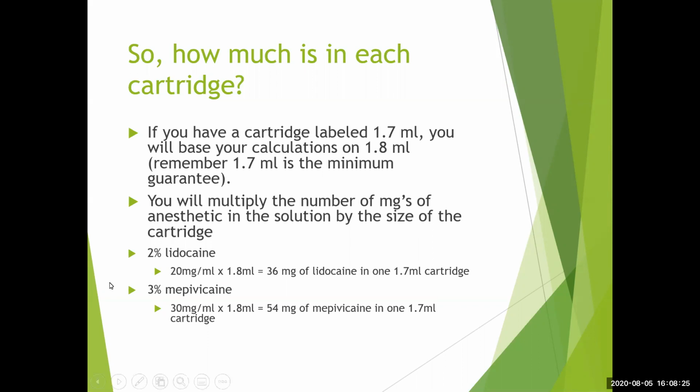Okay? And then 3% mepivacaine. Remember, 3% solutions mean there's 30 milligrams of the local anesthetic per milliliter. So 30 milligrams of mepivacaine per milliliter, and then we multiply that by the size of the cartridge, 1.8 milliliters. When we multiply those, we find that there's 54 milligrams of mepivacaine in one 1.7 milliliter cartridge.